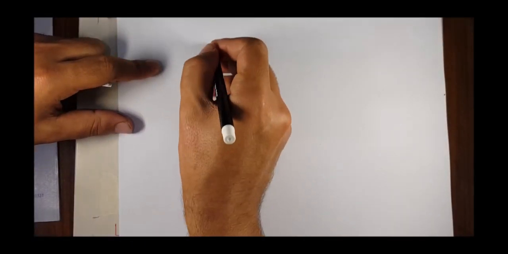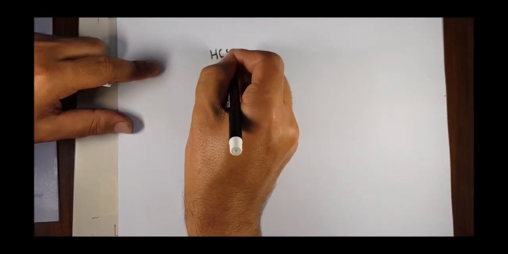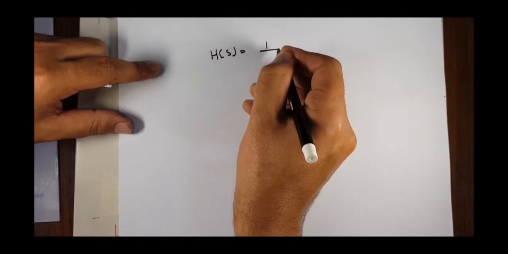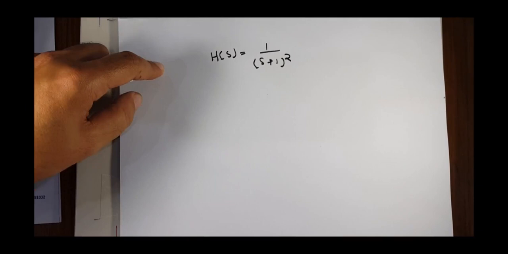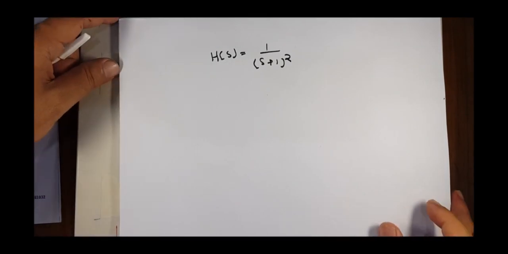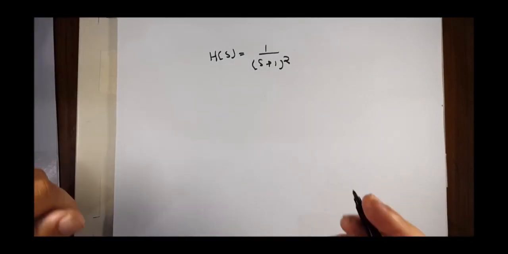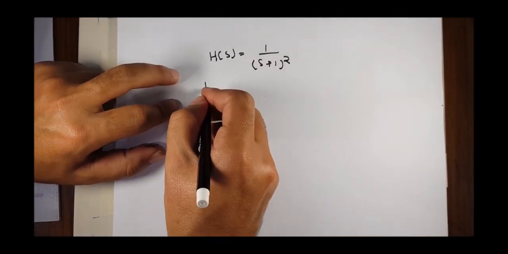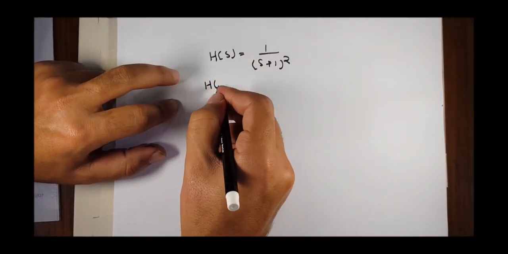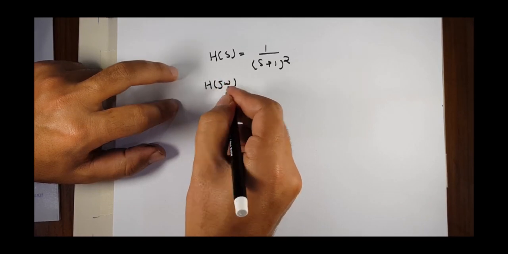Now we proceed with the same example. H of s is equal to 1 by (s plus 1) whole square. This is a simple one, so that's why we will start with this and proceed further. What will be the angle of H of j omega?